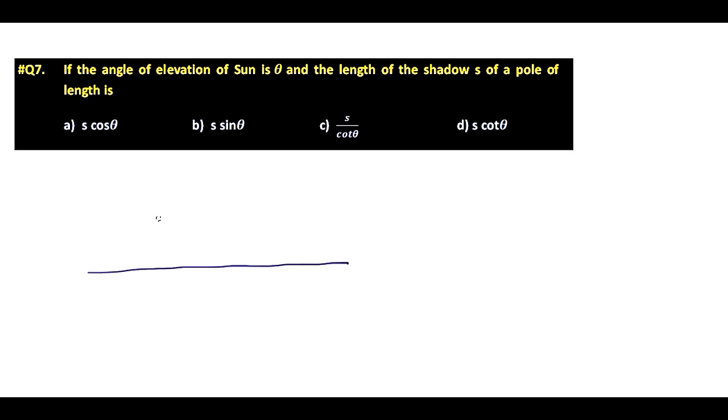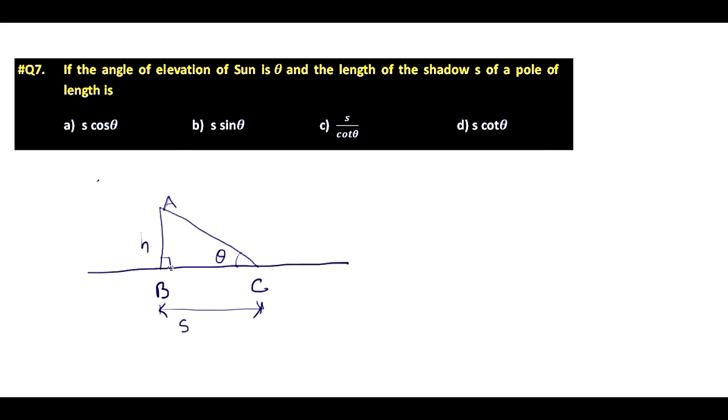So this is the ground, this is the pole whose length I have to find. I'll consider this as H. If the sun is here, then my shadow will be coming here, and this angle is given to be theta, and this length is given to be S. Now I have to find what H is out of that, right?